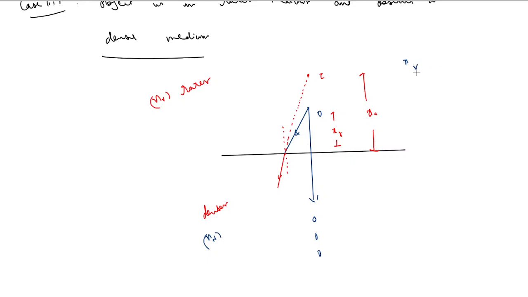In this case, x real is less than x apparent. So it becomes nd by nr.